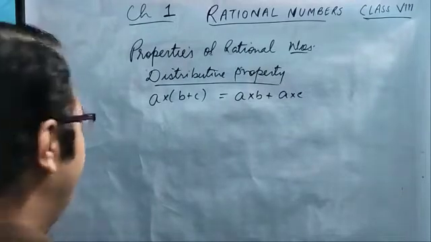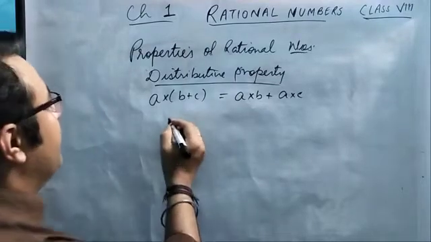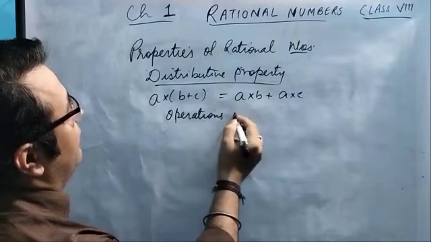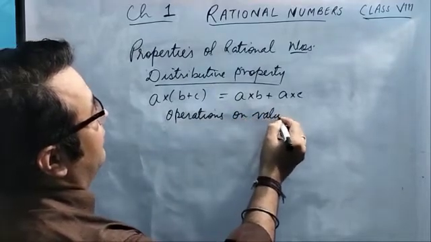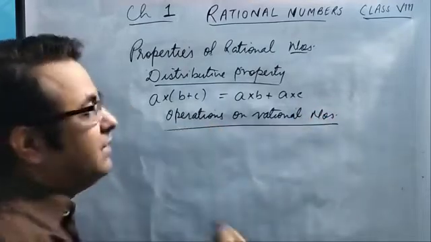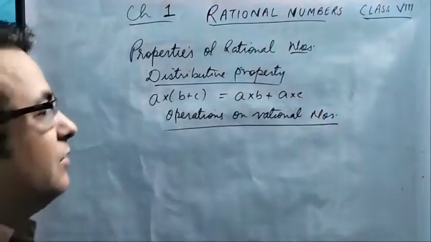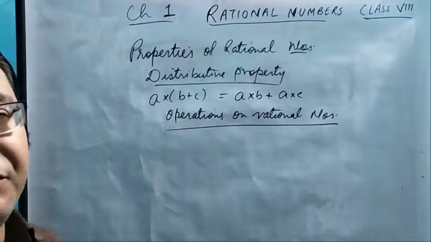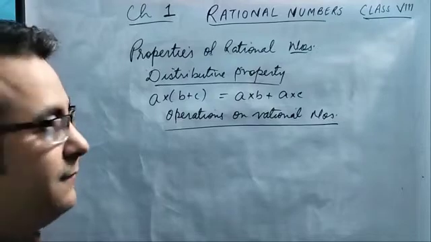Okay, now operations on rational numbers. As we know that rational numbers are like fractions only, so operations on rational numbers are the same as we used to do with fractions.